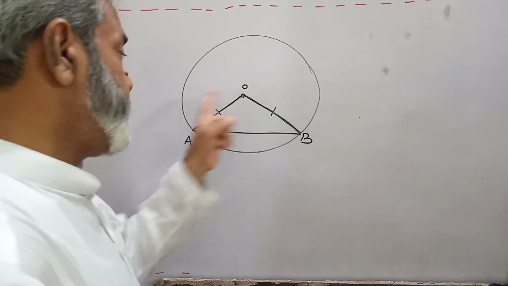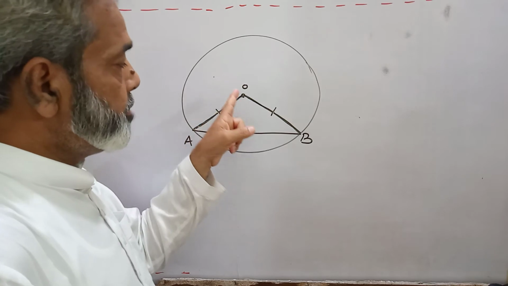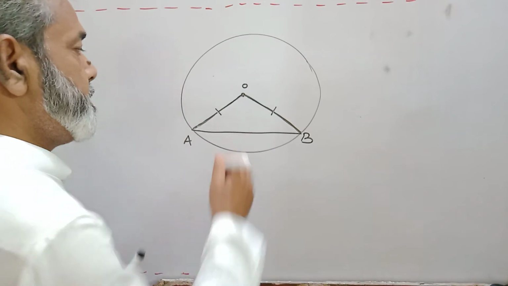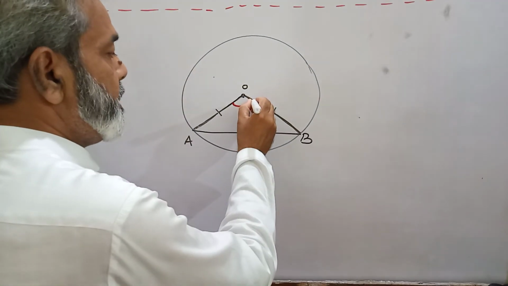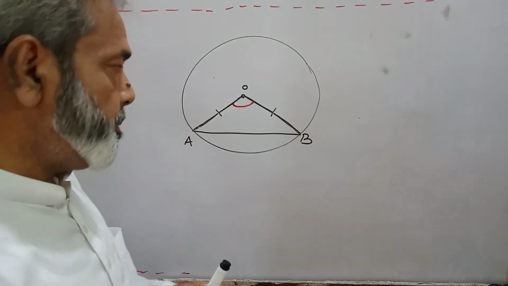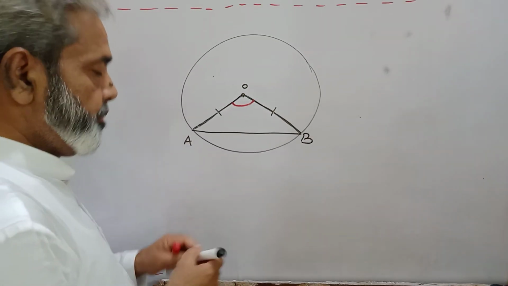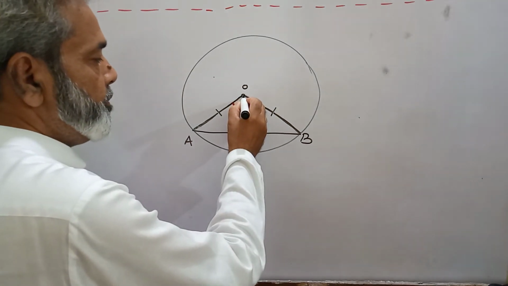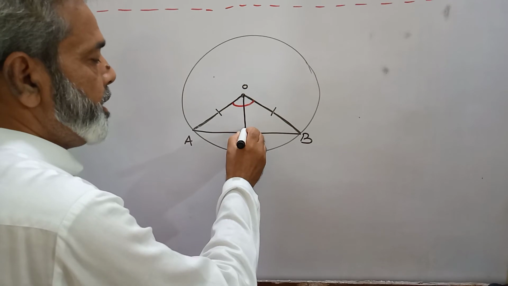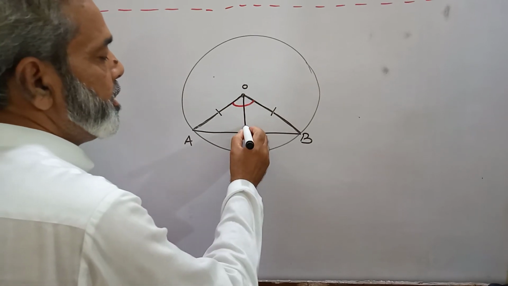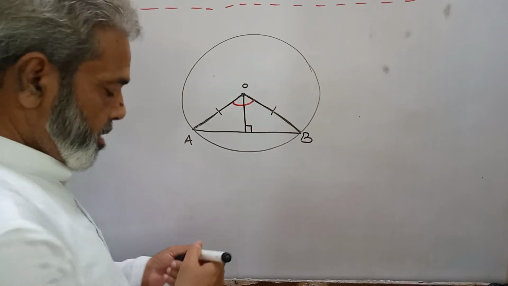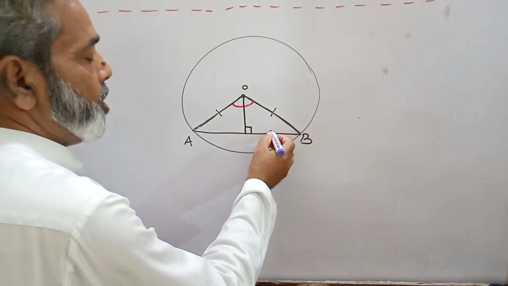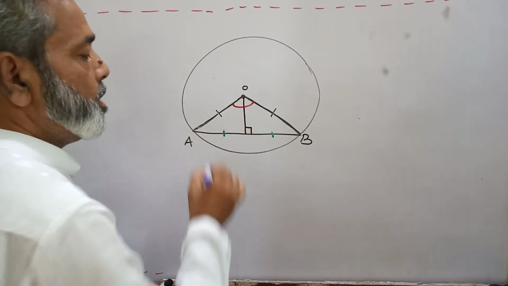If we draw a perpendicular from the vertical angle AOB of the isosceles triangle, this perpendicular will bisect the base AB. Bisect means this will divide the chord AB into two equal parts.